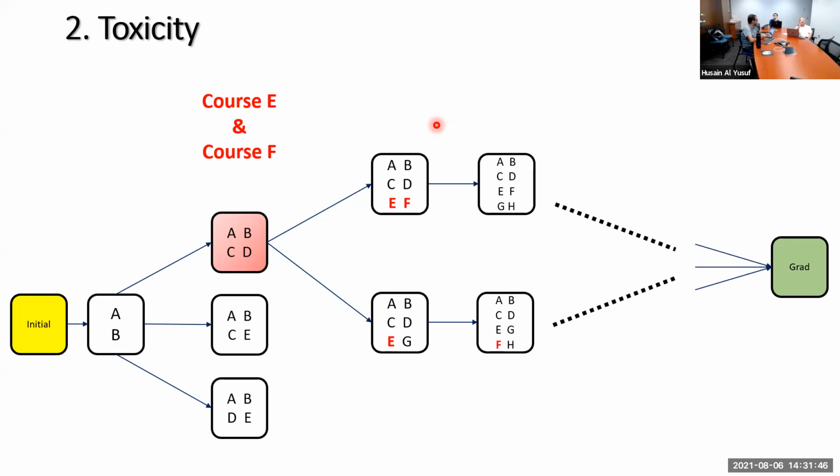Maybe I should have another state saying, if I'm taking F, then E. Well, that's one thing, but also the toxic impact of E on F may not be the same as the toxic impact of F on E. So in other words, I put them together in one term, and my probability of passing F may go up or down, and my probability of passing E may go up or down by a different amount. Okay, I got your point. You are talking about them not being symmetric.